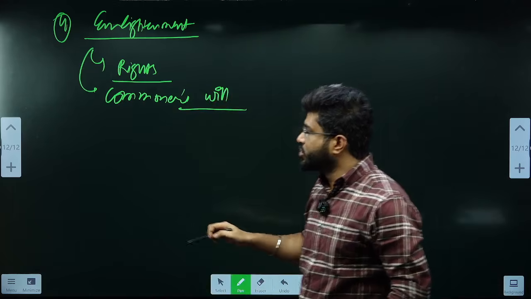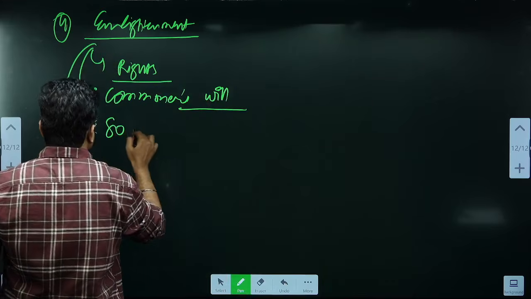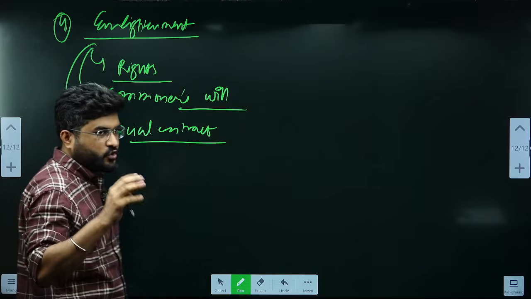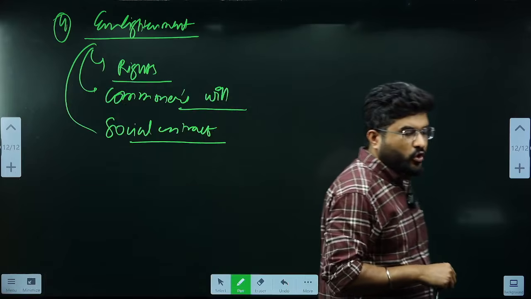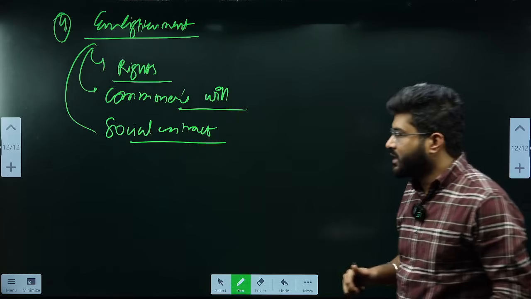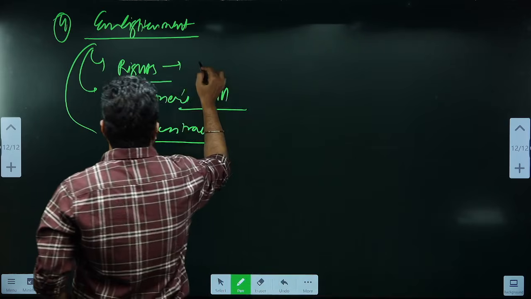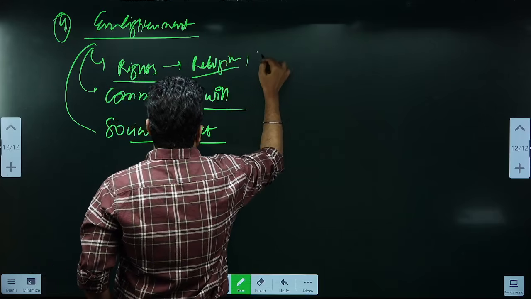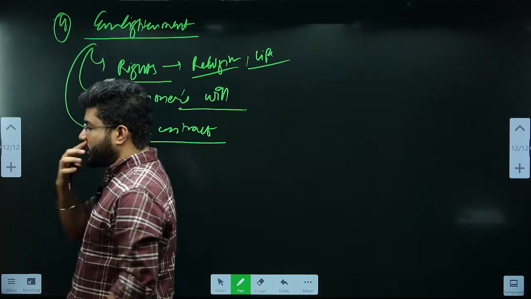There is a social contract on the basis of which we should give authority to someone else. There should be rights to religion, right to life, right to liberty, etc.